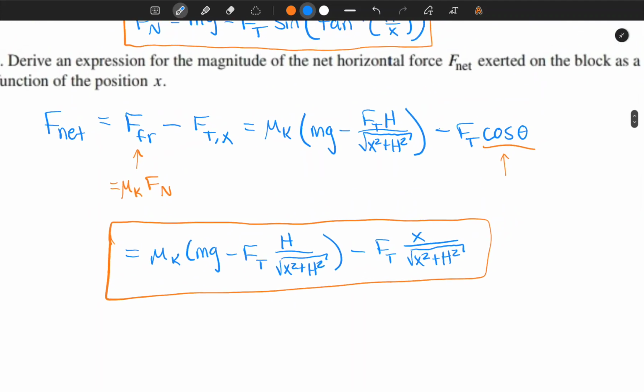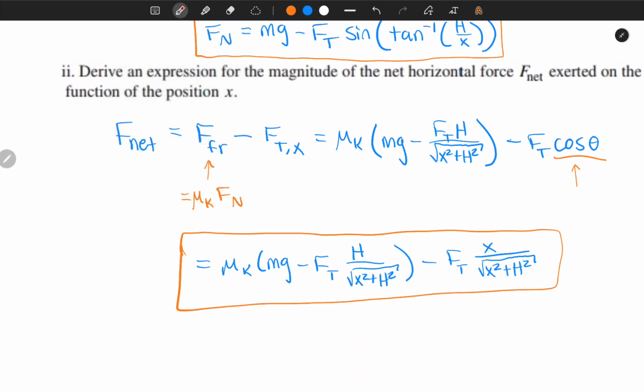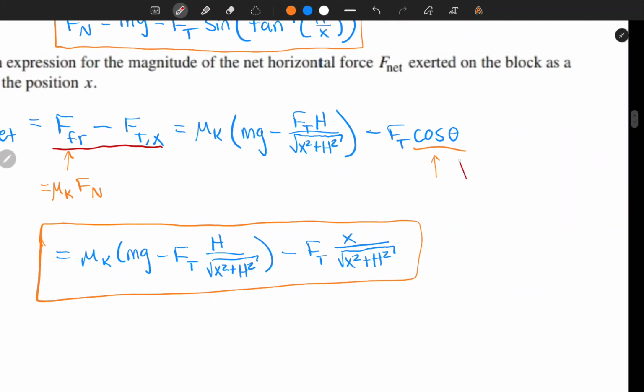Students get 1 point for noting that this is the sum of the forces in the x direction, in the horizontal direction. So this, what I underlined in red, is 1 point. Next, the substitution for cosine theta into any one of the possible answers it could be, depending on what you solved for theta, is also 1 point.